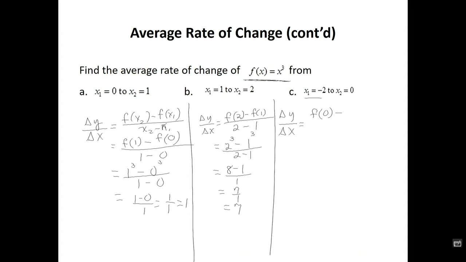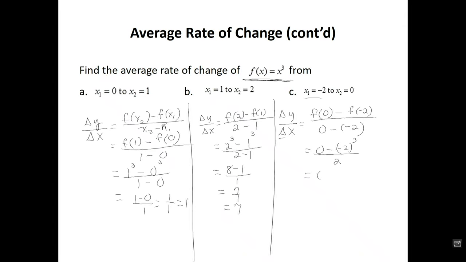So this is going to be f of negative 2 divided by the change in x. The change in x would be 0 minus negative 2. F of 0, our function again is x cubed. So f of 0 is 0 minus negative 2 cubed, all divided by 0 minus negative 2, which is 2.